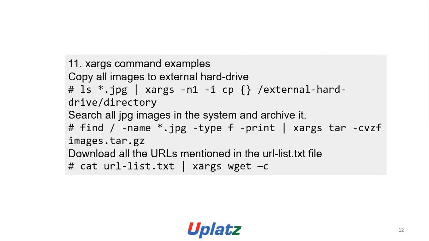Search all JPG images in the system and archive them: find / -name *.jpg -type f -print | xargs tar -cvzf images.tar.gz. Download all the URLs mentioned in the url-list.txt file: cat url-list.txt | xargs wget -c.